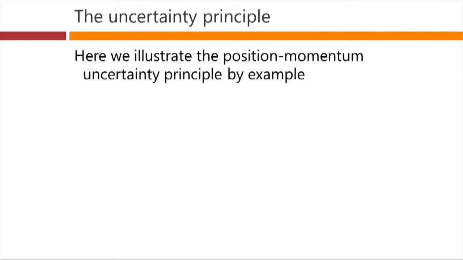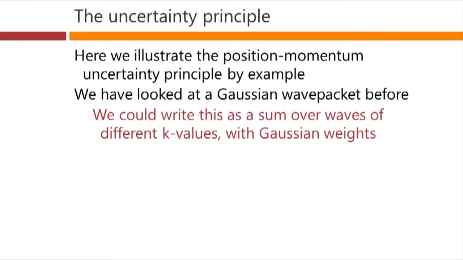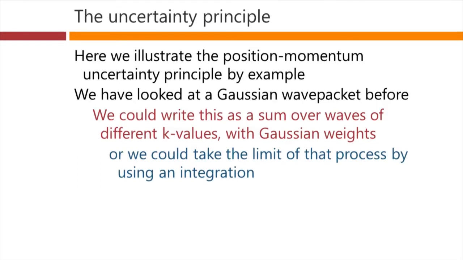We're going to take the example of a Gaussian wave packet. We've looked at Gaussian wave packets before, and we know that we could write those as a sum over waves of different k values with Gaussian weights, with Gaussian amplitudes in front of each of those waves. And perhaps slightly more elegantly, we could take the limit of that sum by using an integration.